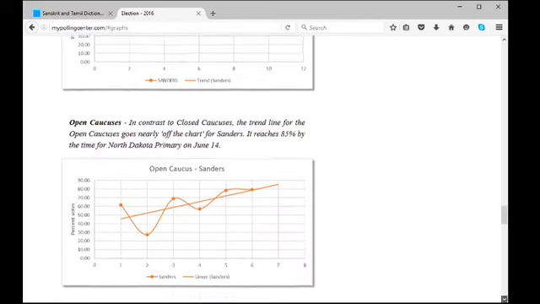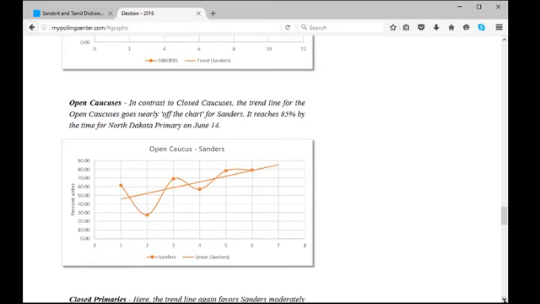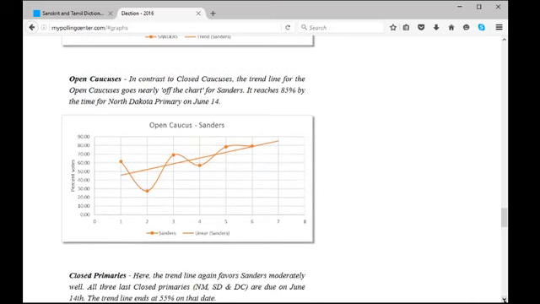Now, look at the open caucuses. There's a stark difference between that and this. I don't know how that can be. This is the same kind of meeting. You have all the members come in, and of course they allow the non-members also to join.